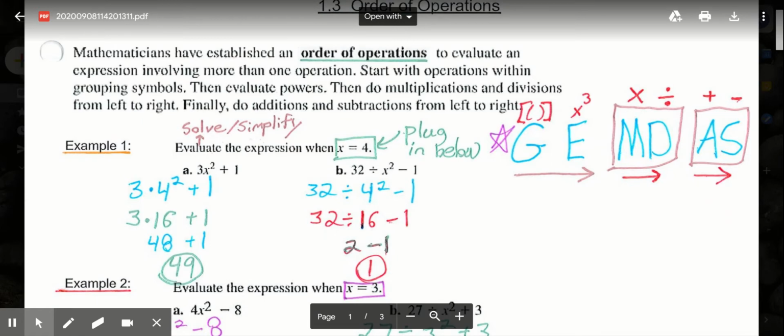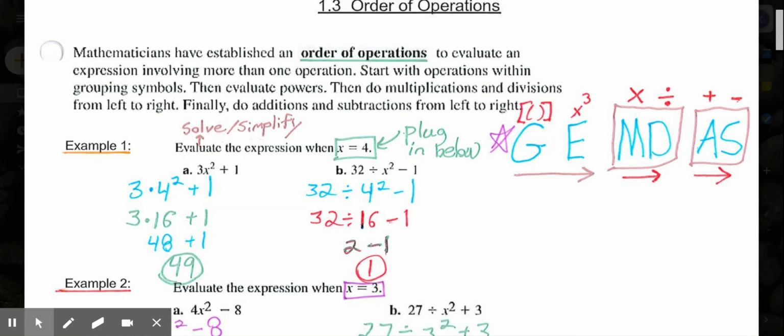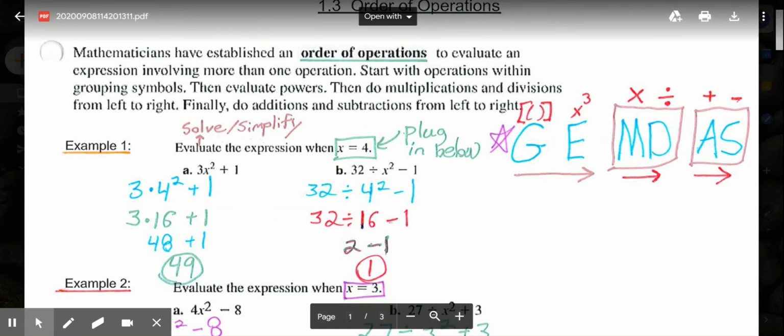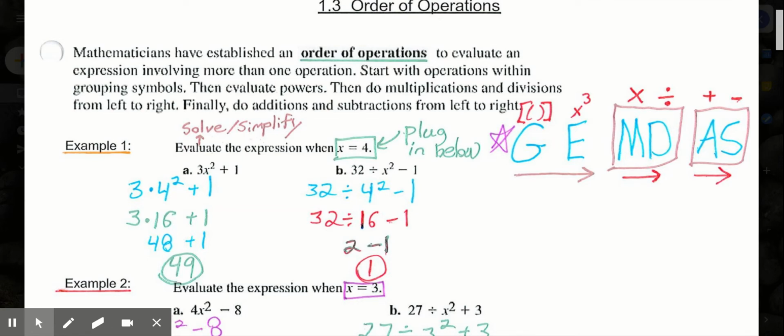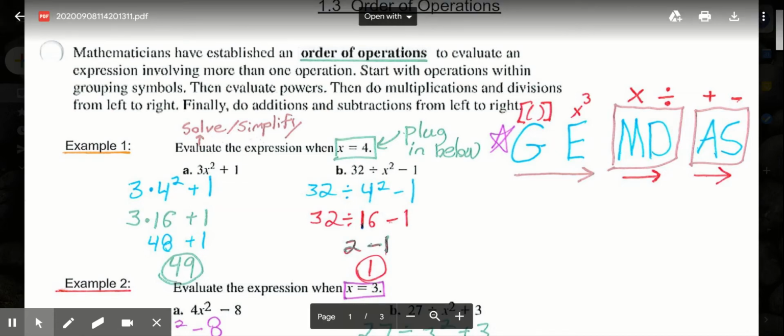So example 1 asks us to evaluate the expression when x is equal to 4. So in both of these, A and B, we'll be plugging in a 4 for x. And remember, to evaluate means to solve or simplify. So in part A, we have 3 multiplied by x squared plus 1. So in this case, that would become 3 multiplied by 4 squared plus 1.